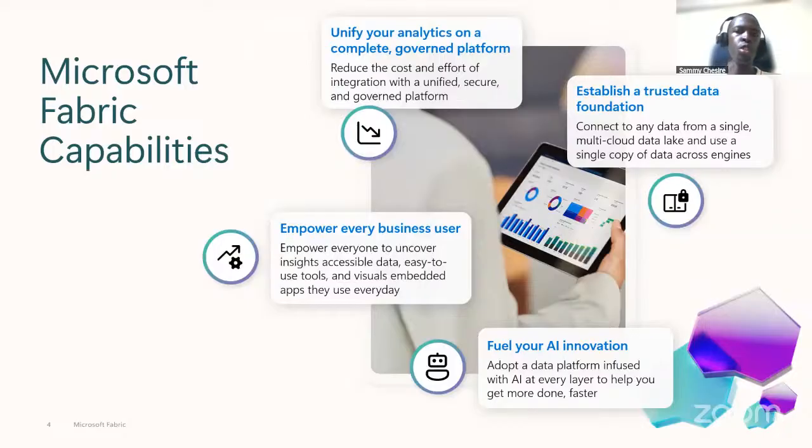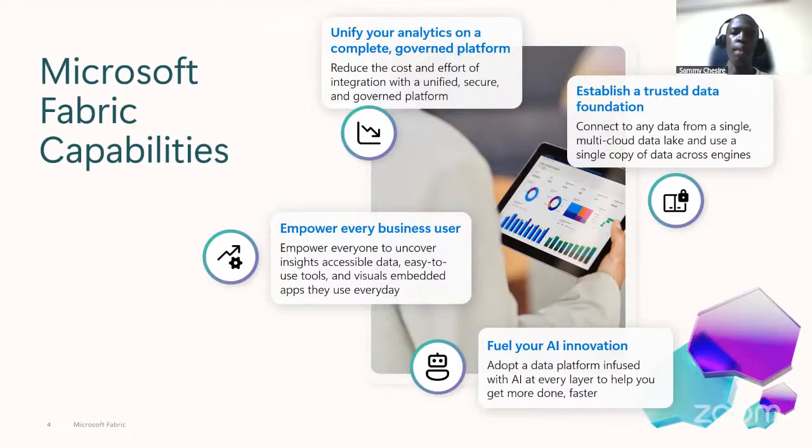So instead of using one system for data storage, another system for analysis, and another system for visualization, Fabric comes in and brings all those pieces together. This means that your data stays organized and secure, and it is easy to manage, because you can reduce the cost and the downtime of moving from one tool to another.